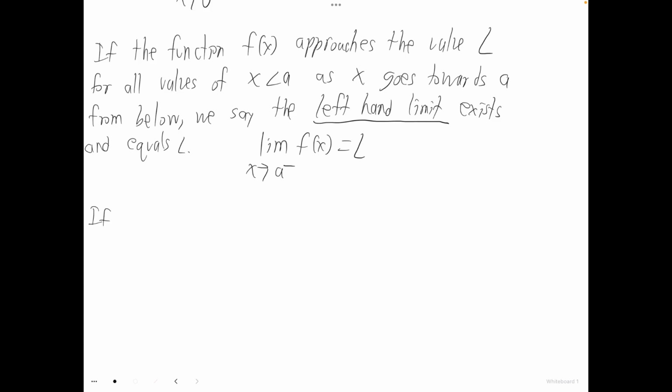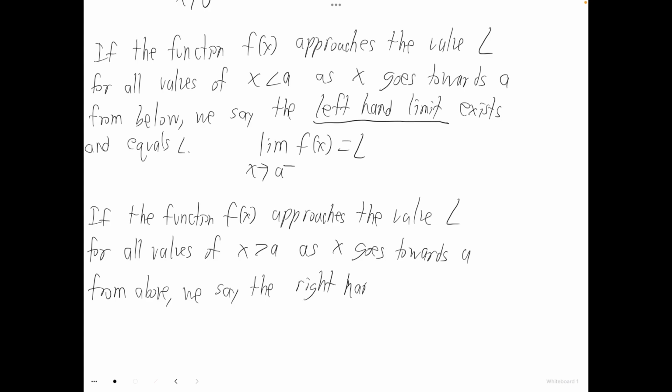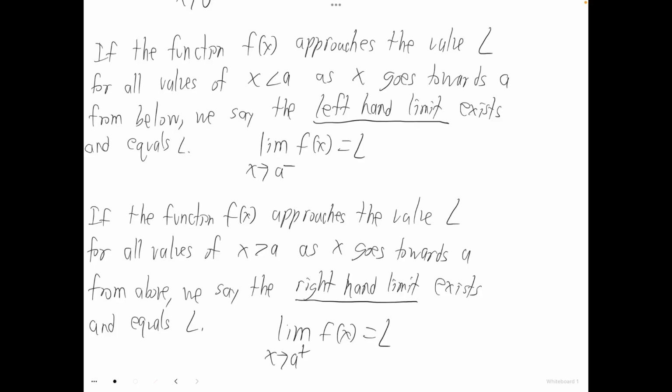And so if the function f of x approaches the value L for all values of x greater than A as x goes towards A from above, we say the right-hand limit exists and equals L. And we denote this as the limit as x approaches A from the right of f of x equals L. And so we write a plus superscript if we're approaching from the right.